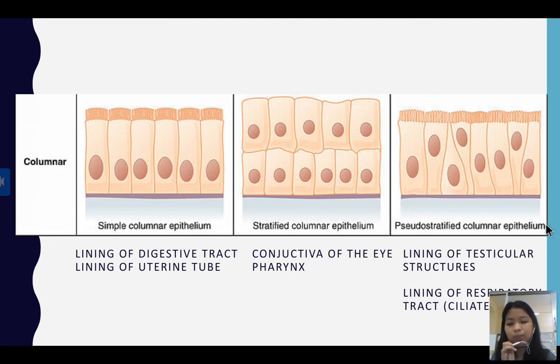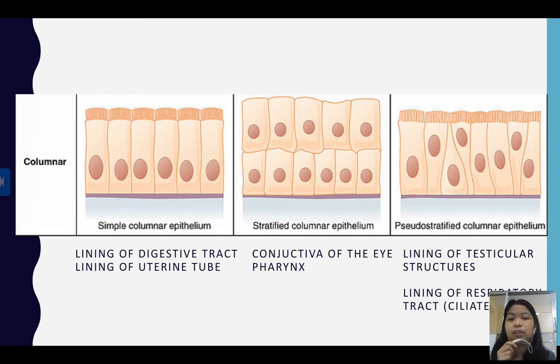It is present in the linings also of the respiratory tract. Dun sa respiratory tract, kalimitan ciliated. Kasi in order to maintain moisture. Ayan. So, it is present in the linings of respiratory tract, functioning in a more or less identical way to the simple columnar ciliated epithelium.